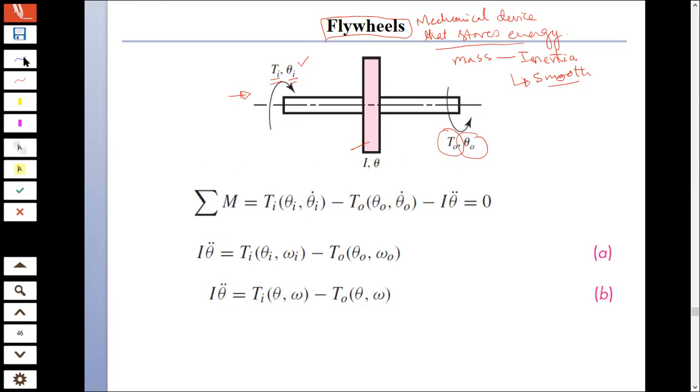Now let's see if we want to write the equation of motion for the above system.